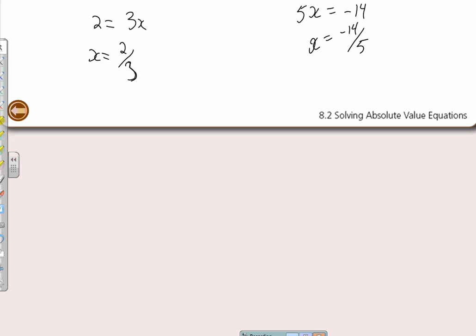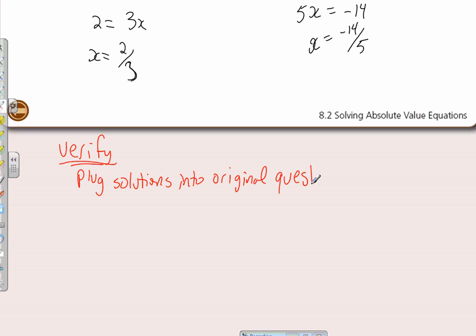Okay, so two different ways of verifying. Method number one, verify: plug those numbers, plug solutions into the original equation. That's method number one.